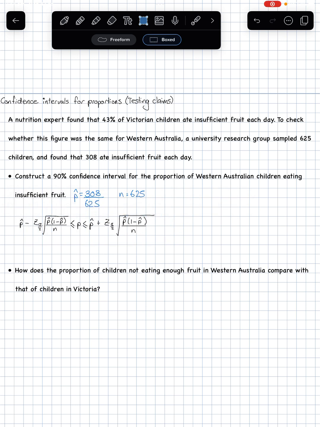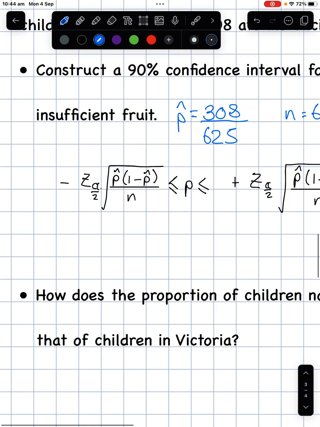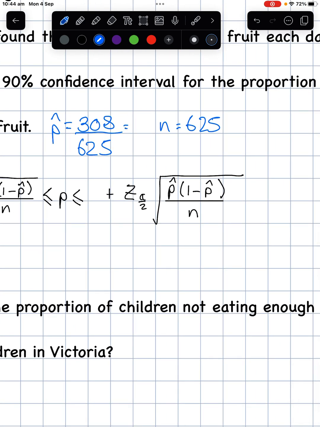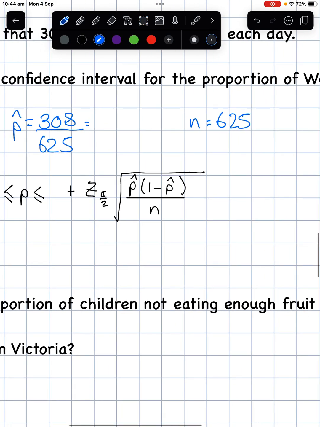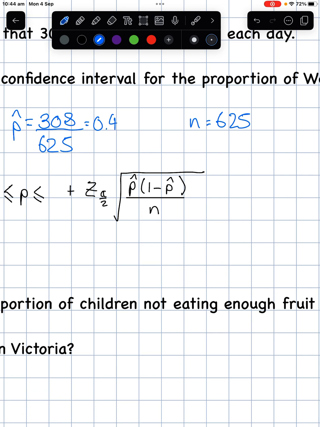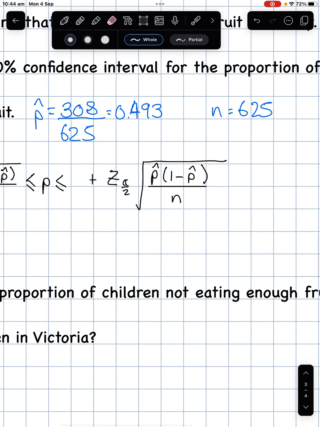So let's erase proportion because we know that already. 308 divided by 625 gives us 0.4928. Actually, let's not round it, because if we keep the full decimal we've got a better answer, and then we can round at the end.